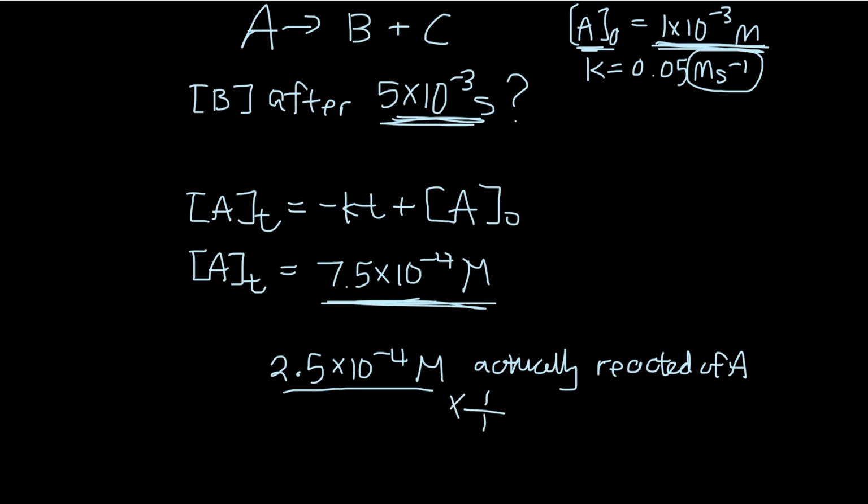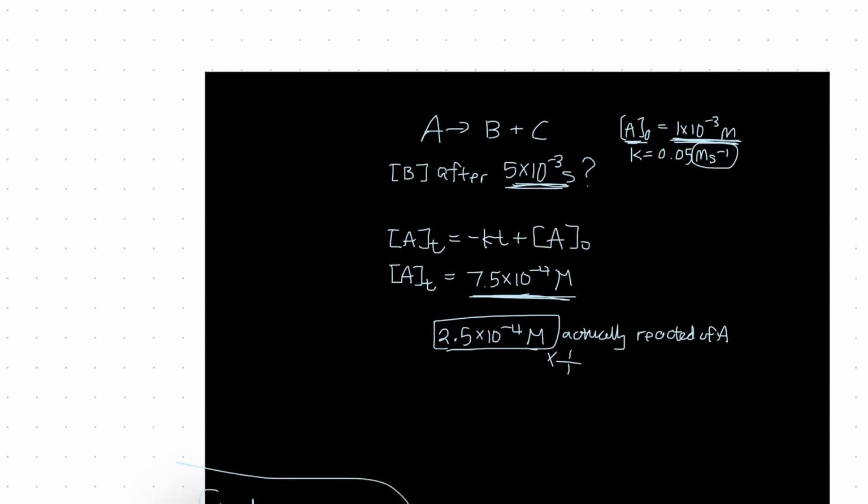Here it is just 1 to 1, so the concentration of B would be the same, since we're multiplying by 1. And so there you have it.